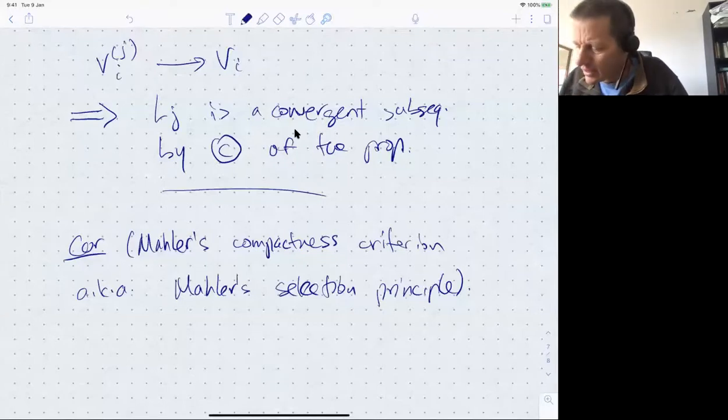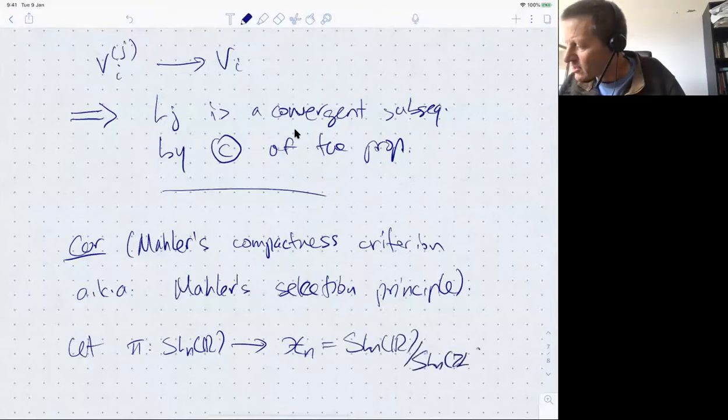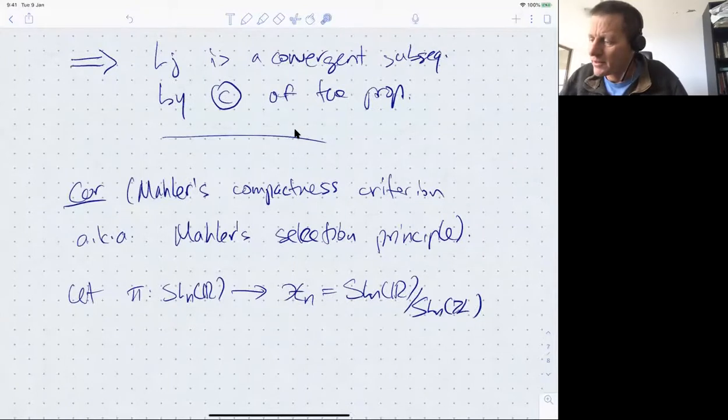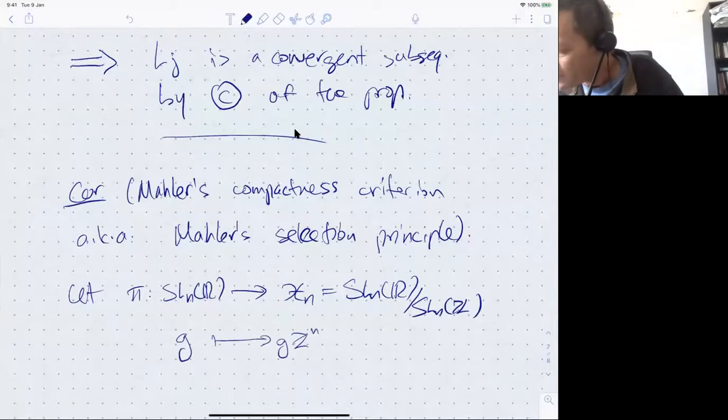Okay, so let pi be the projection from SL_n(R) to what we're denoting by fancy X_n, the space of lattices of covolume 1, SL_n(R) over SL_n(Z). So pi is just the map that sends a matrix in SL_n(R) to the coset of SL_n(R) over SL_n(Z), or in other words, it's the map that we had before. It maps a matrix g to the lattice g applied to Z^n.